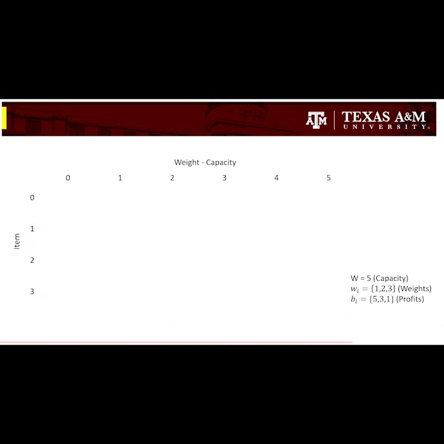We're going to start by adding in the first row, which is to say item 0 with a weight capacity of 0. Well, of course, that's just going to result in 0 profits. Now, when this starts to get a little bit more exciting is when we start looking at the first item.